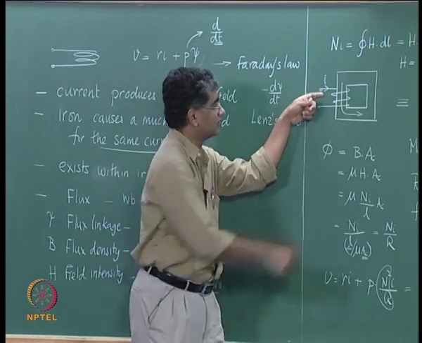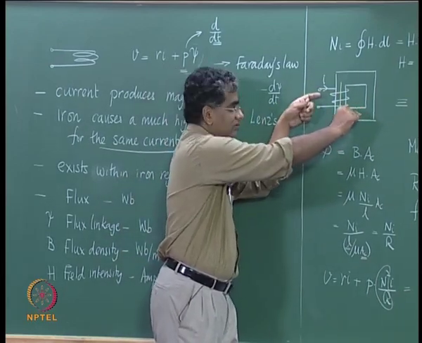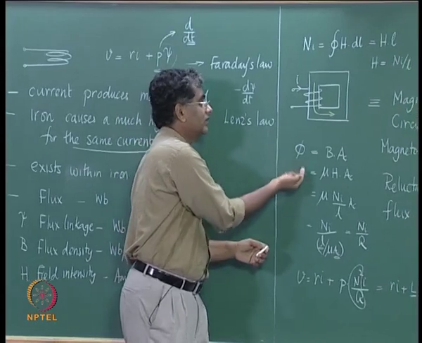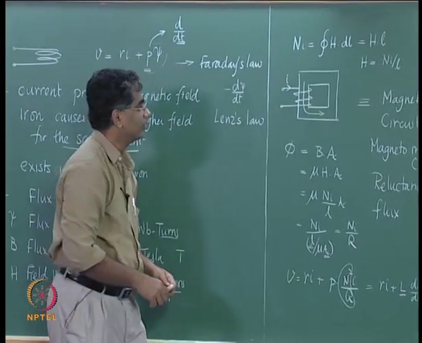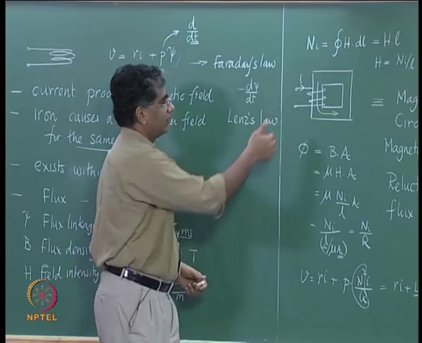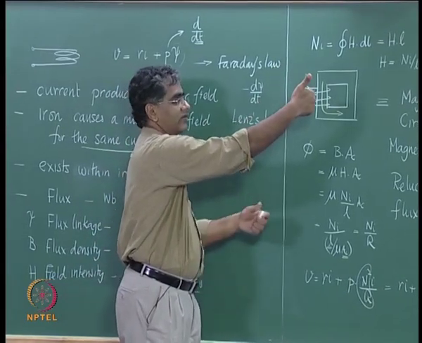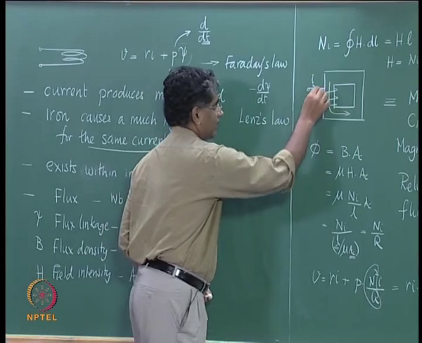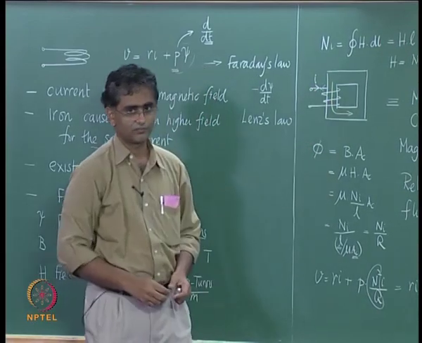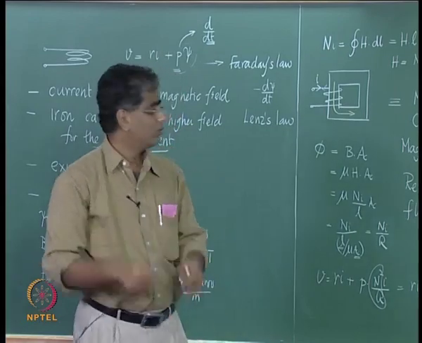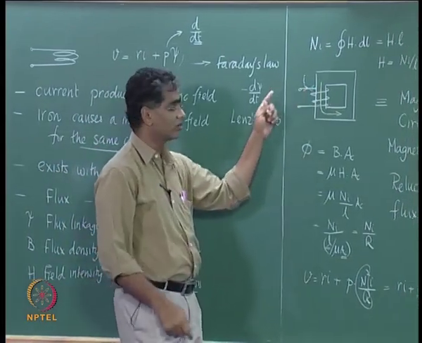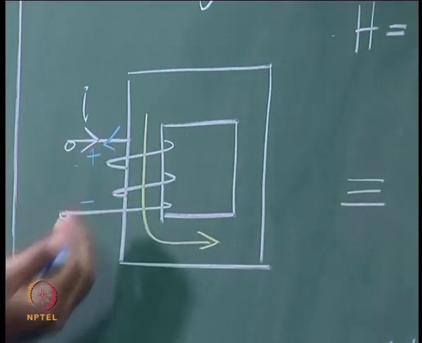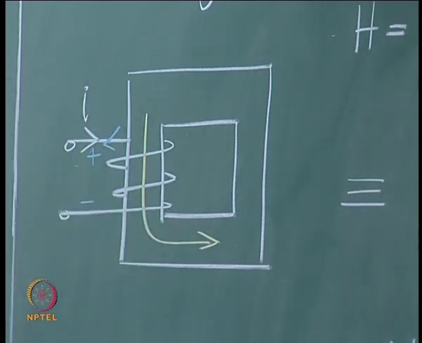If I increases this way, flux lines will increase in this direction, and therefore you want to oppose these flux lines, which means that current should cause flux lines flowing up, so the fingers have to curl around this way, which means that has to circulate a current flowing outwards like this, and an EMF will be able to circulate a current flowing outwards only if it is positive here and negative here. Only then this EMF will circulate a current outwards.